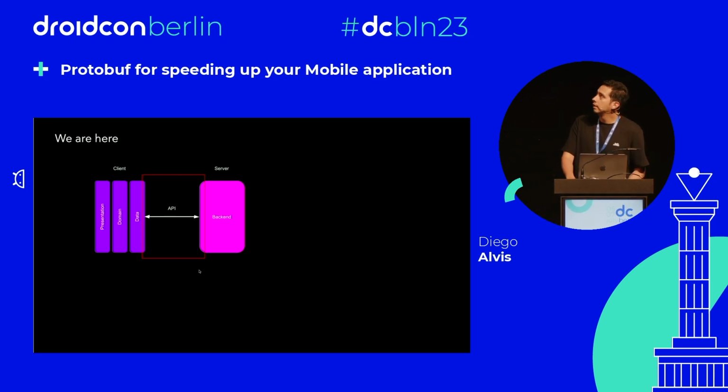We have on the left side the client, and we have a server, right? So basically the client with the traditional separation of layers with presentation, domain, and data. And we have on the other side the server running the application in the backend. And where we are going to be located today is around the API part, right? The communication between server and the client, right?